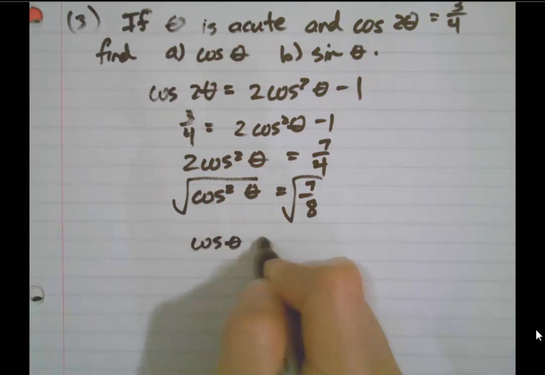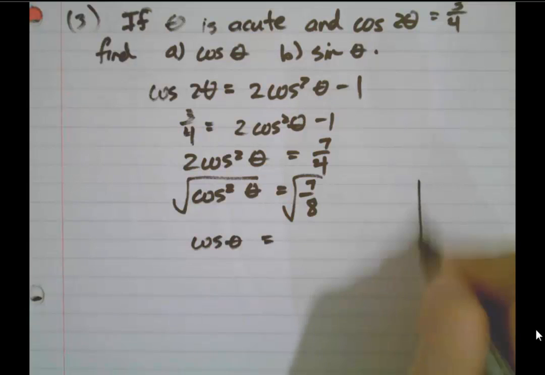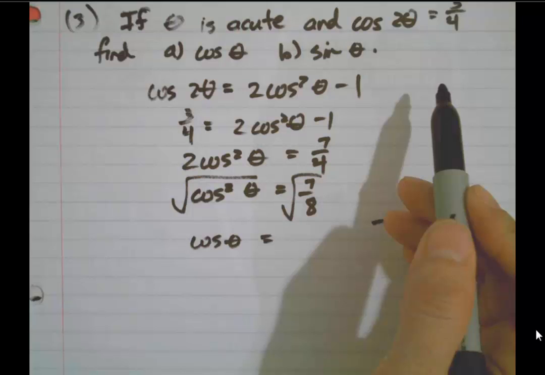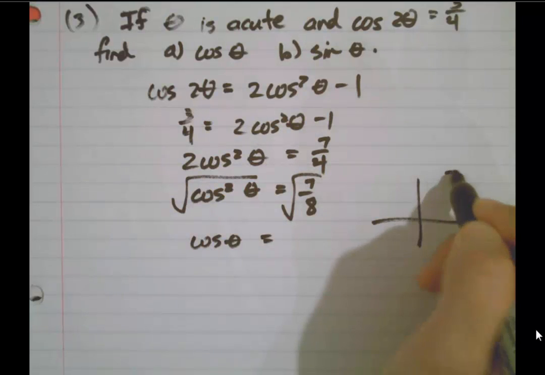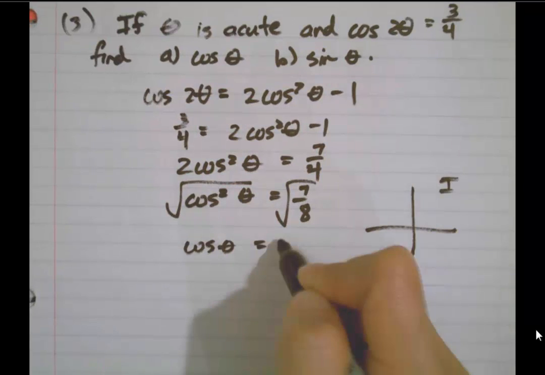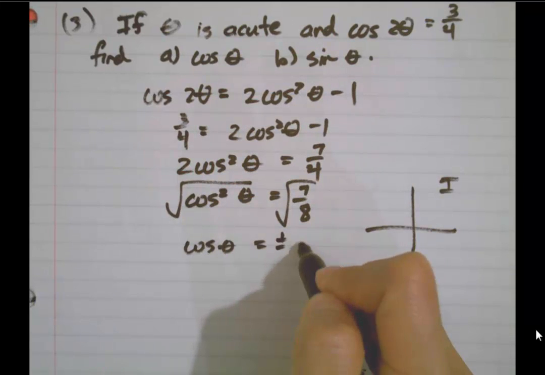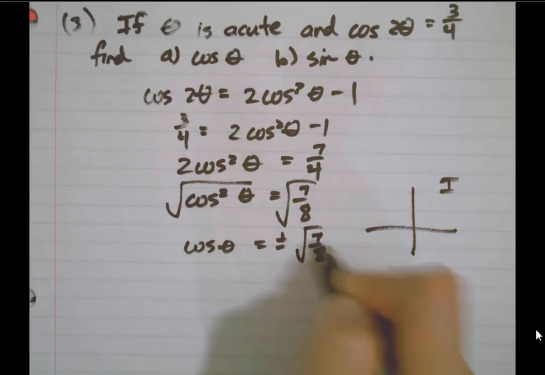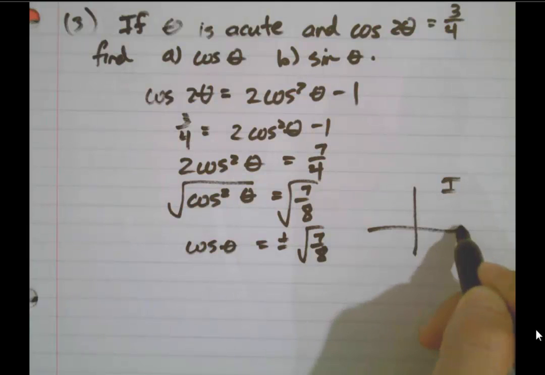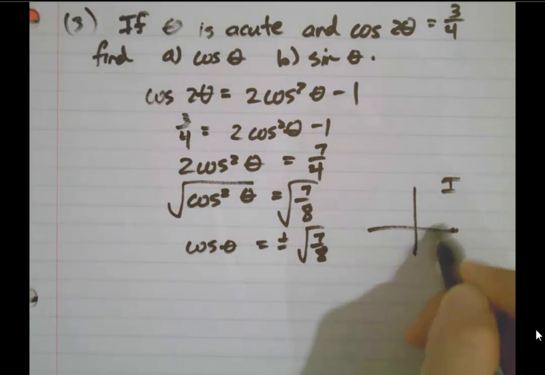So cosine theta equals. Now, the information given says that theta is acute, which means it's in quadrant 1. So therefore, we know that it's either positive or negative square root of 7/8. But because we're in quadrant 1, cosine theta here is positive.